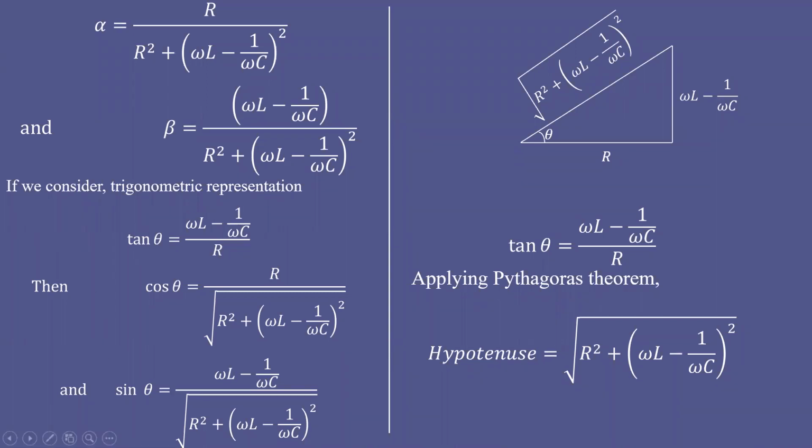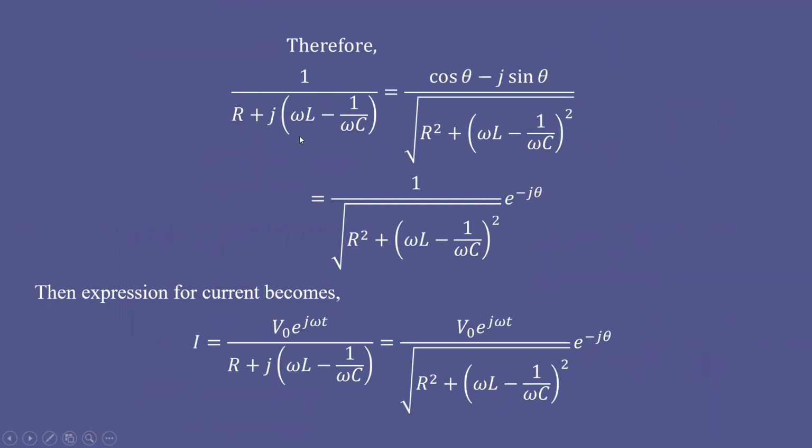Therefore, you use this trigonometric representation to represent the above equation, that is alpha minus j beta can be represented in terms of cos theta and sin theta. Therefore, this term 1 by R plus j into omega L minus 1 by omega C can be written as cos theta minus j sin theta.